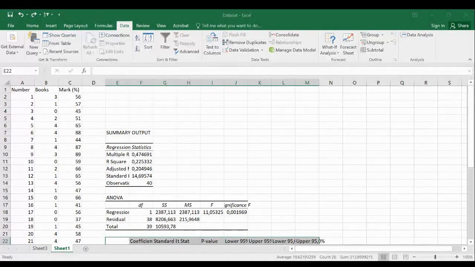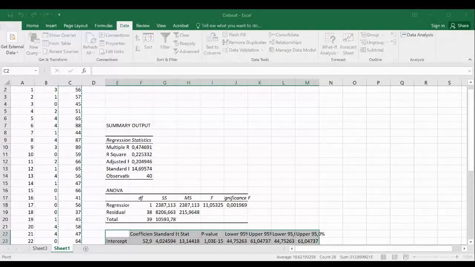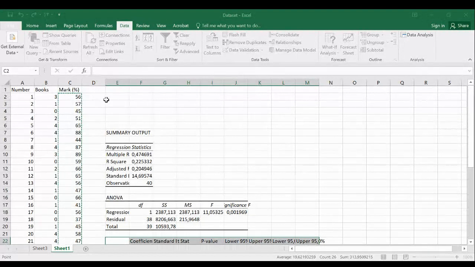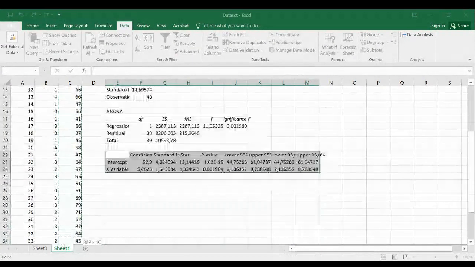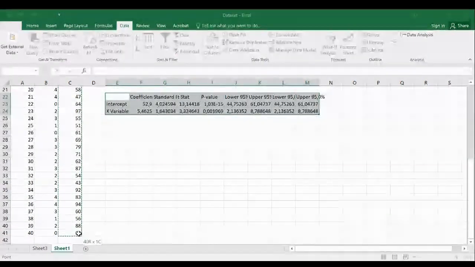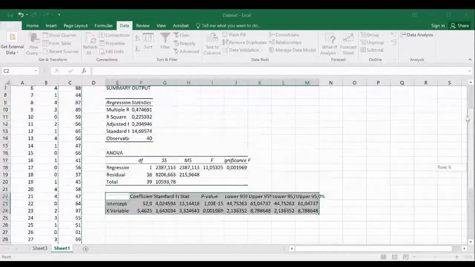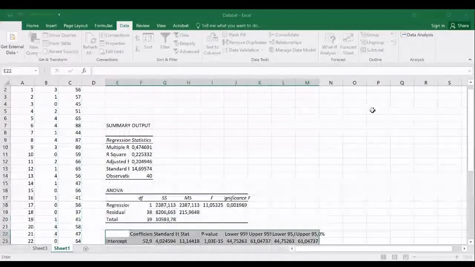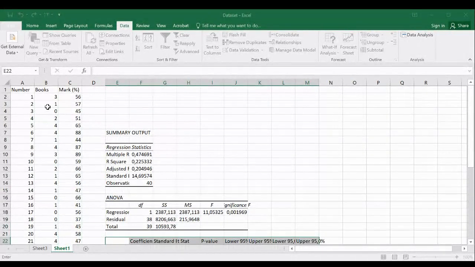We are doing regression. You select regression. Then there are options. The first one is input Y range. So you select the values of Y, all of them. You go back to input X range. You select the values of X, all of them.